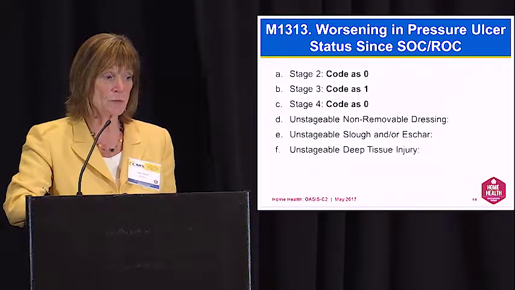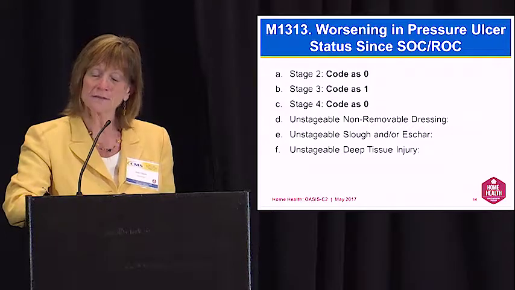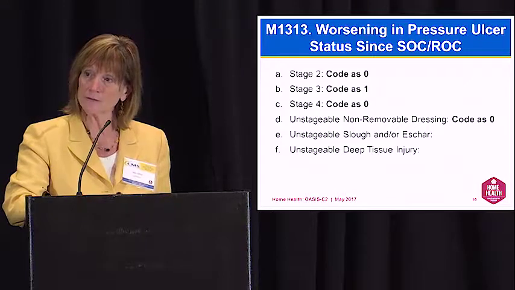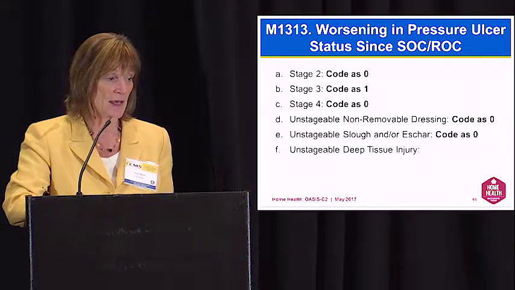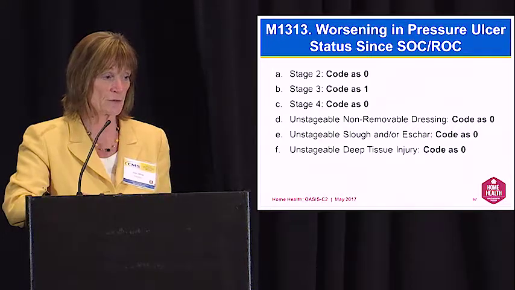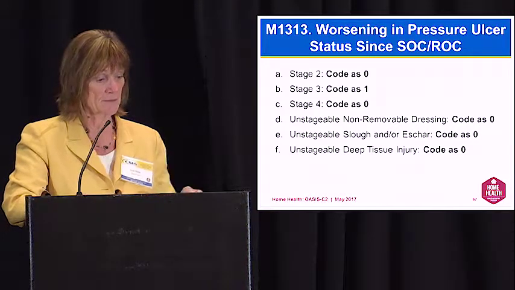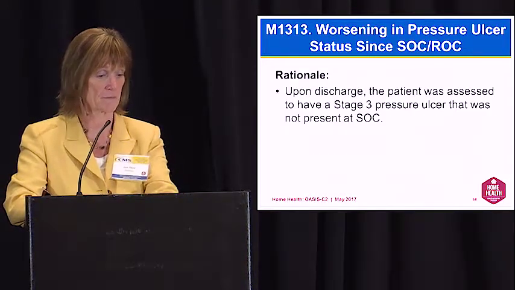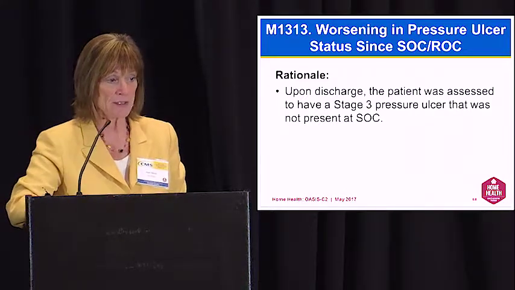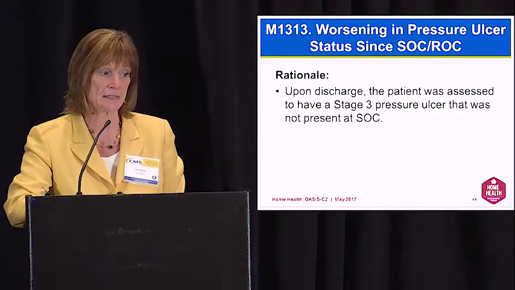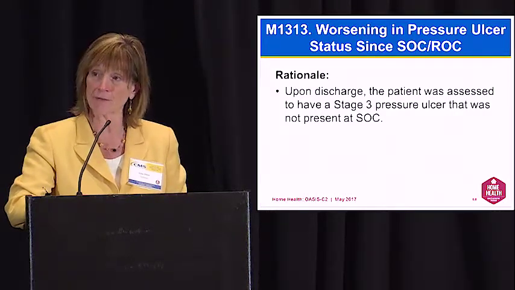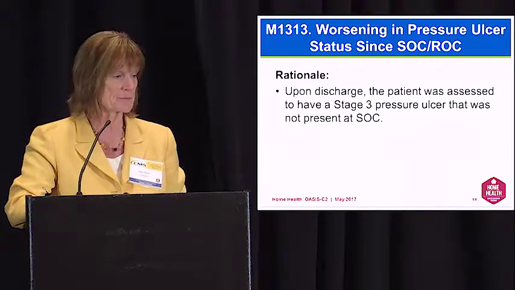For unstageable, non-removable dressing, 0. Unstageable slough or eschar, 0. And unstageable deep tissue injury, 0. Great. And the rationale for that was upon discharge, the patient was assessed to have a stage 3 pressure ulcer that was not present at the start of care.